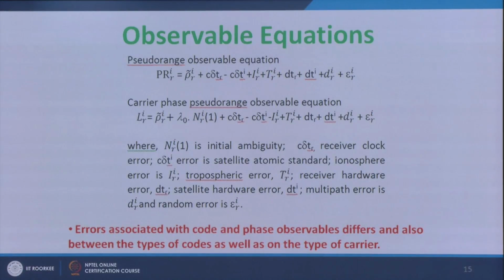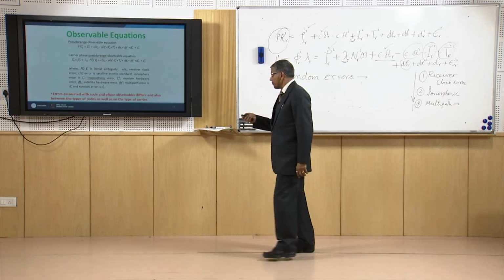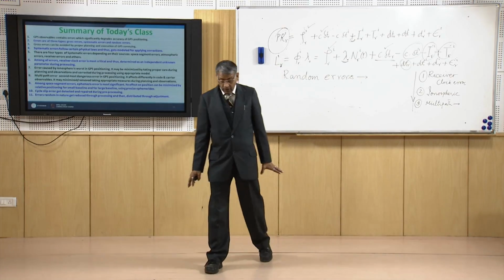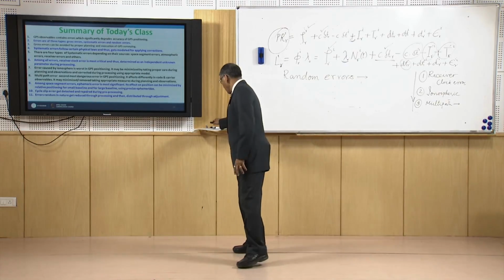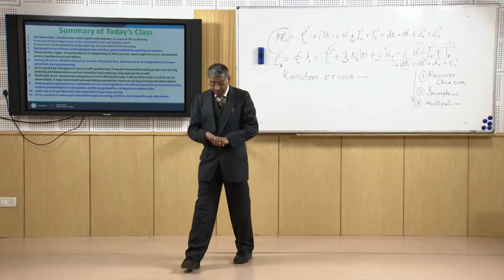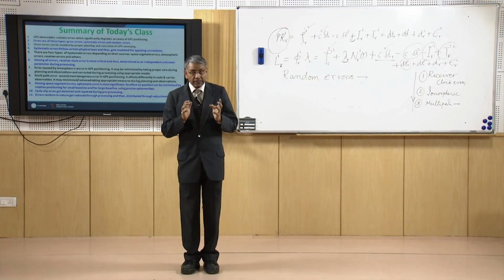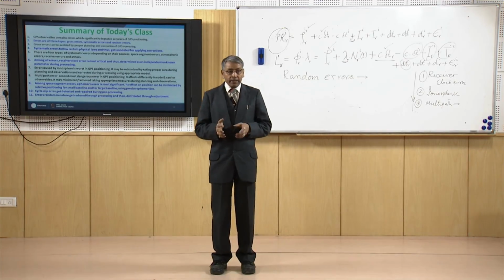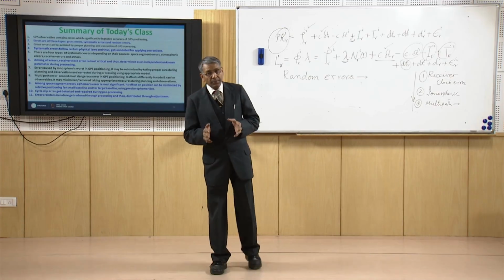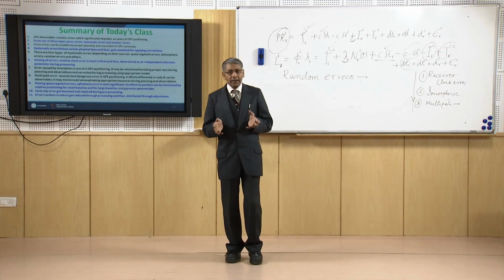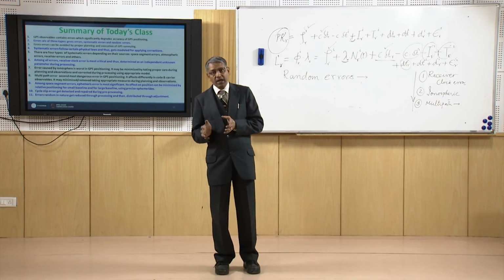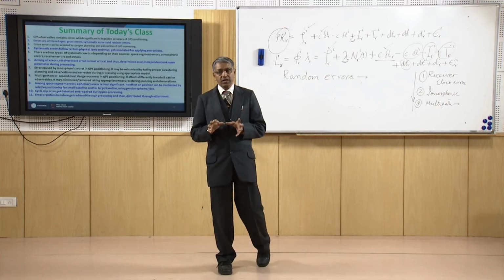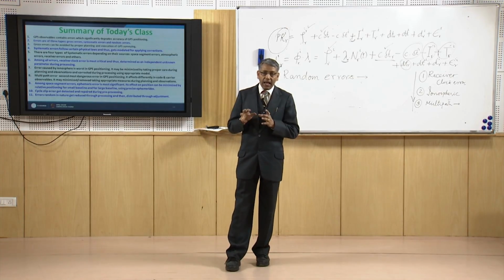With this I would like to conclude this class. Let me summarize: GPS observables are fraught with errors. Errors are of different types depending upon their sources, and we divide them into three types: gross error, systematic error and random error.